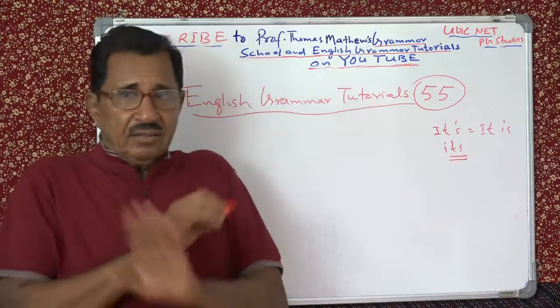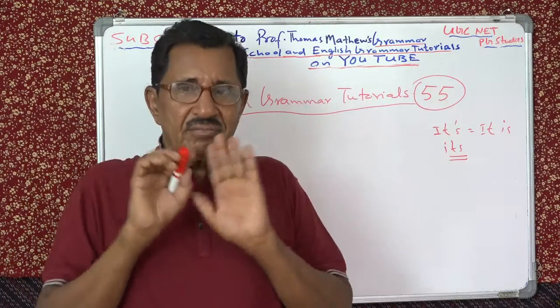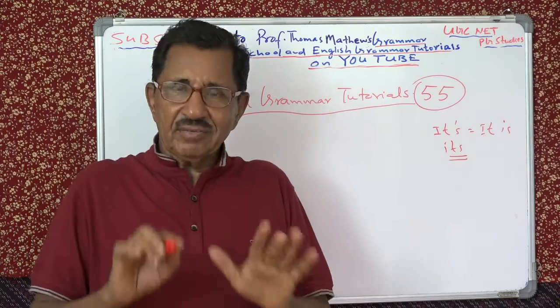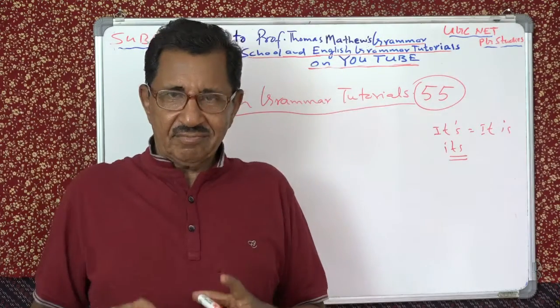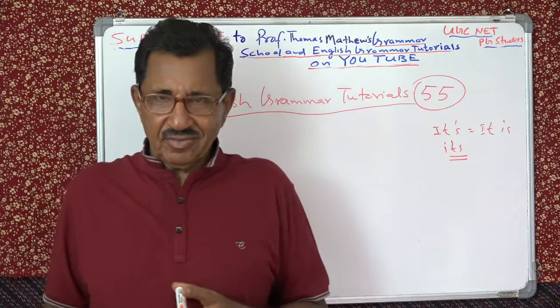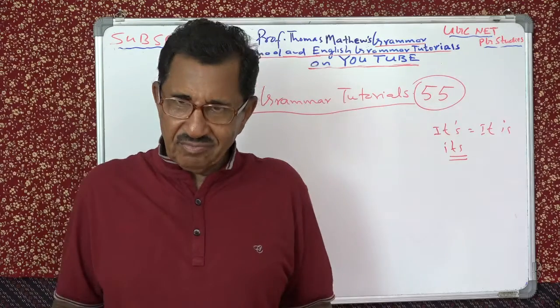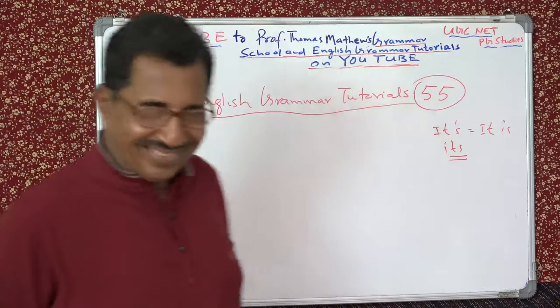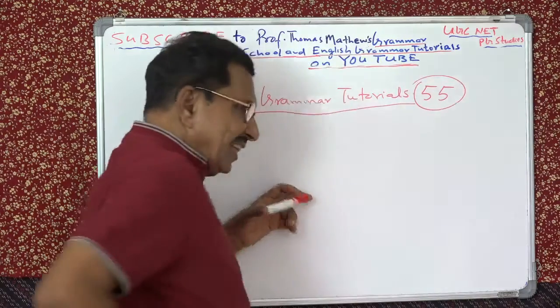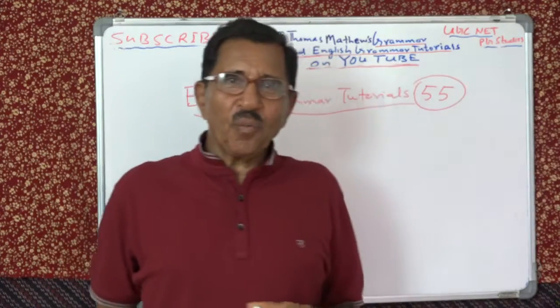Remember, we don't use apostrophes for possessive adjectives. We don't use them, but there is an exception. And what is that? That is about one.